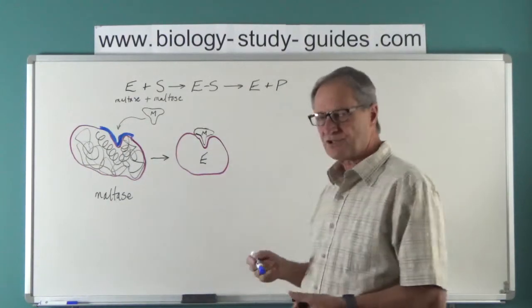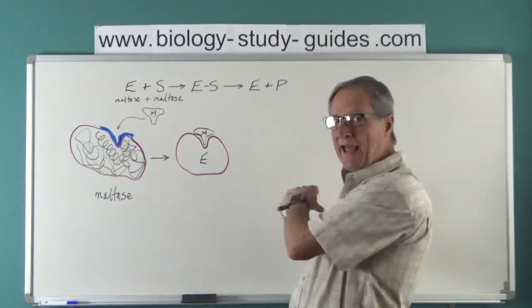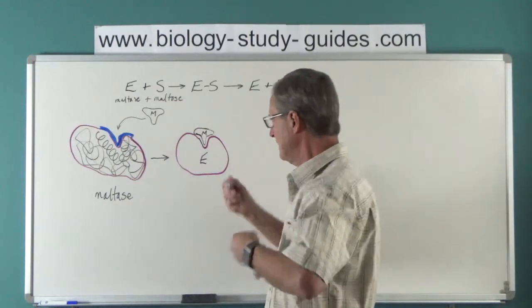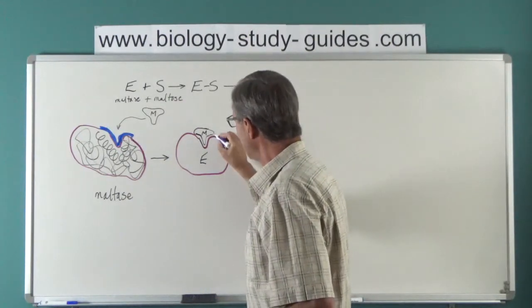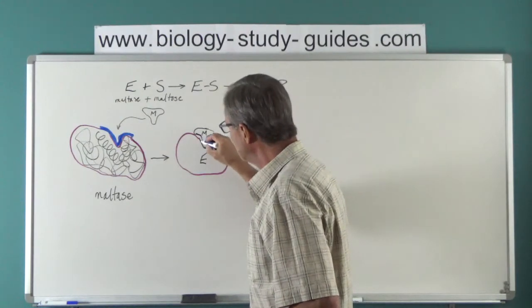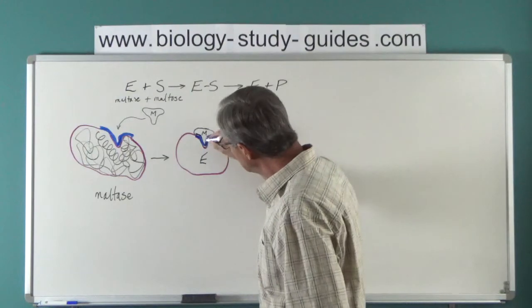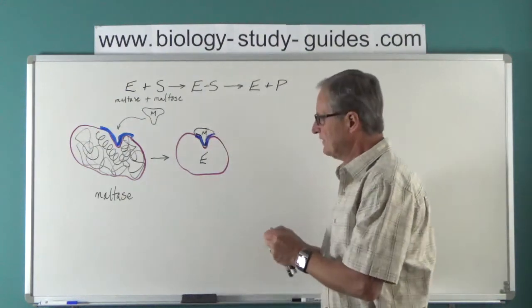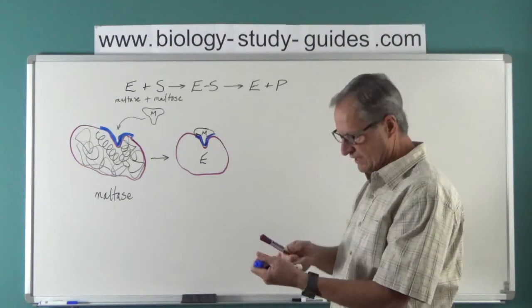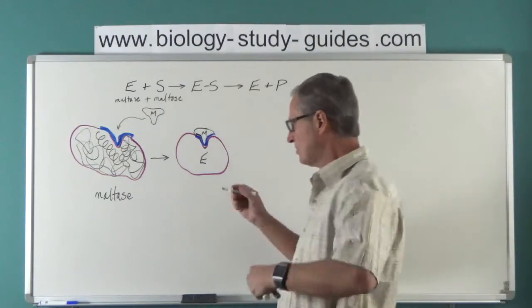And it's sort of like presto changeo, something happens and you get a product out of the thing. I'll just color the active site here. It's still there. This thing here is known as the activated enzyme-substrate complex, the ES complex.